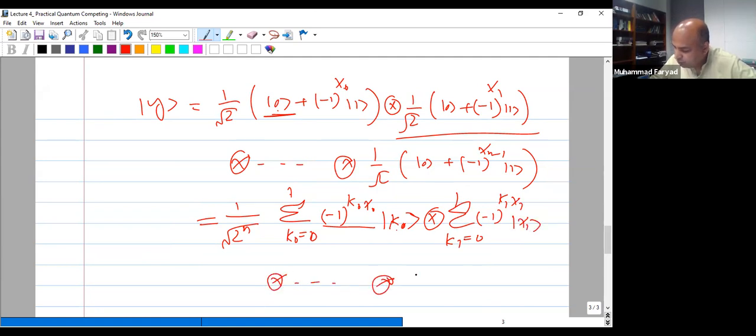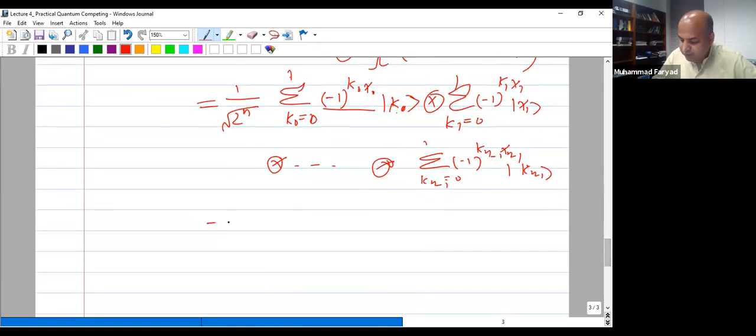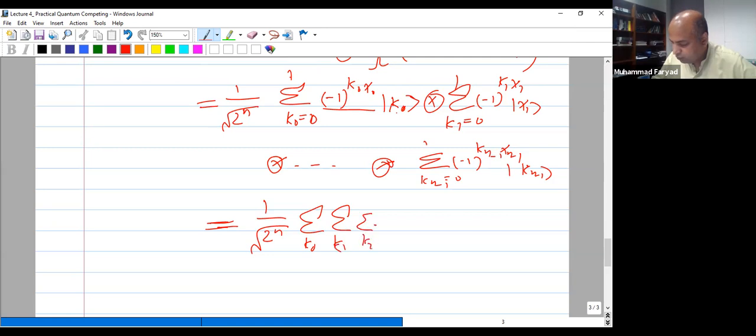Similarly, all the way to the nth state, we can introduce variable k n minus 1, which also goes from 0 to 1. And I can write minus 1 power k n minus 1, x n minus 1, k n minus 1. So now I can combine all of these things together, and I can write it like this. So first sum on k naught, then sum on k1, sum over k2, all the way sum over k n minus 1.